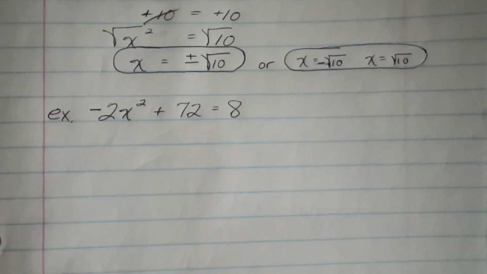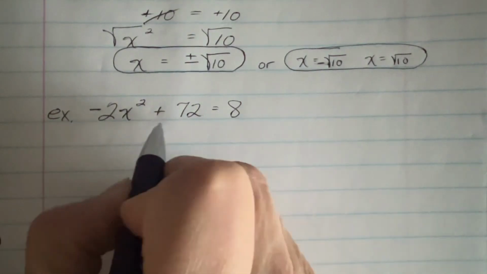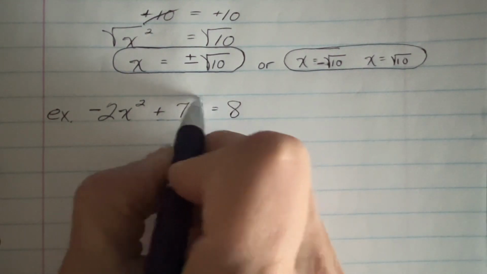So here's our next problem. Now, again, this is balancing 101. So if I know how to isolate x squared, this is inverse isolation 101. This takes you back to balancing equations. The only difference is x is squared. It's not just an x, it's x squared. So what would I do first? 72 doesn't belong here.